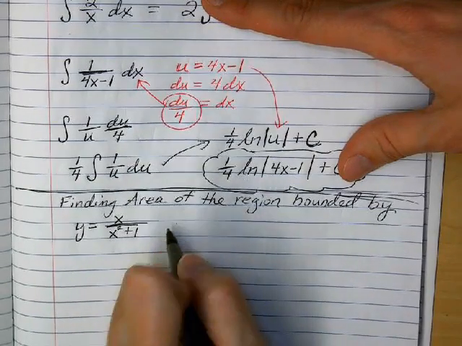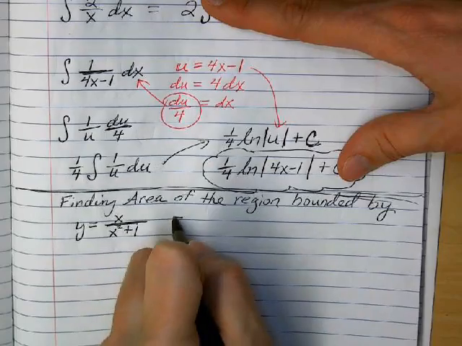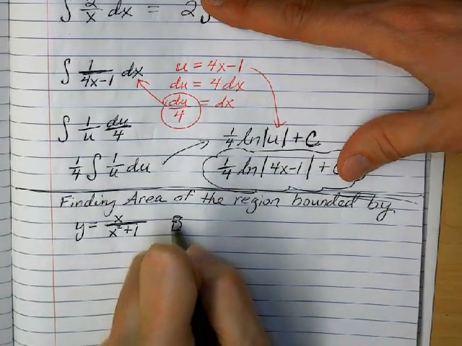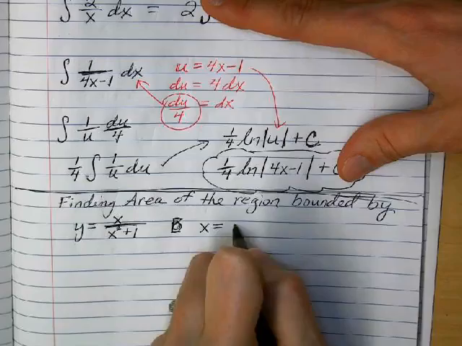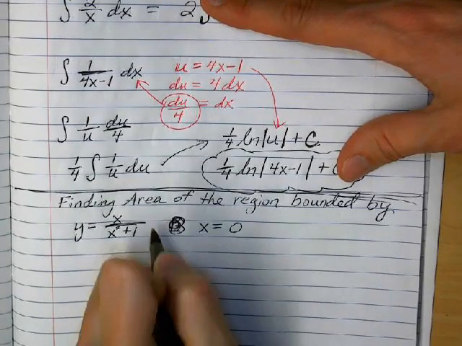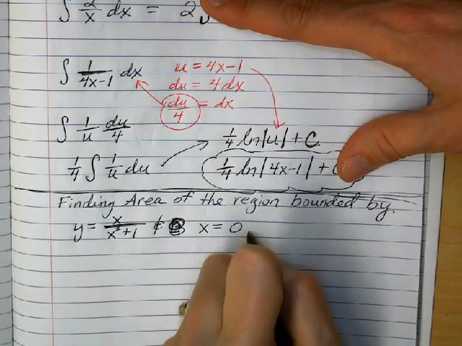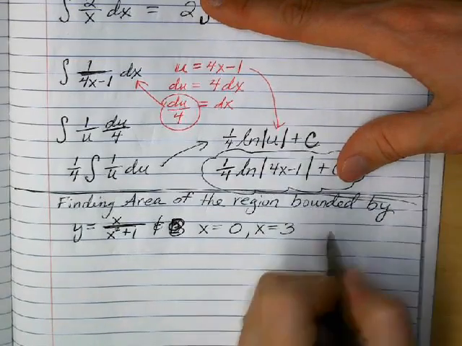And then they'll give you x equals 0, x equals 3, and y equals 0.